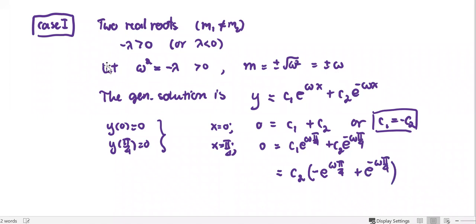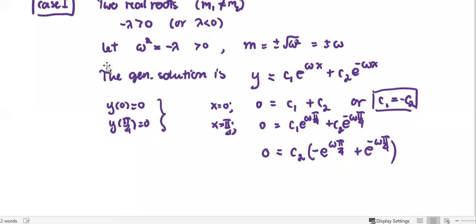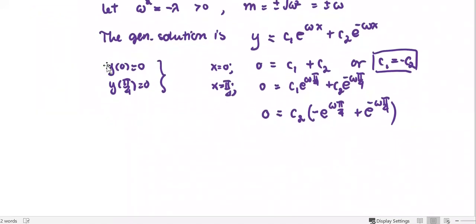Now the next goal is to find out what C2 is, so then we can get the value of C1 out. With this factor, C2 is multiplied by e to the omega pi over 4 plus e to the negative omega pi over 4. This inside here is a real number that is not 0.